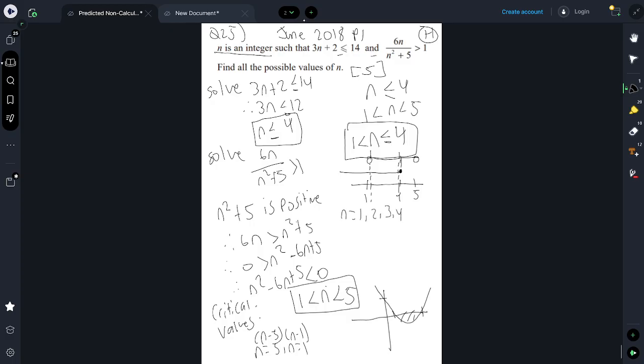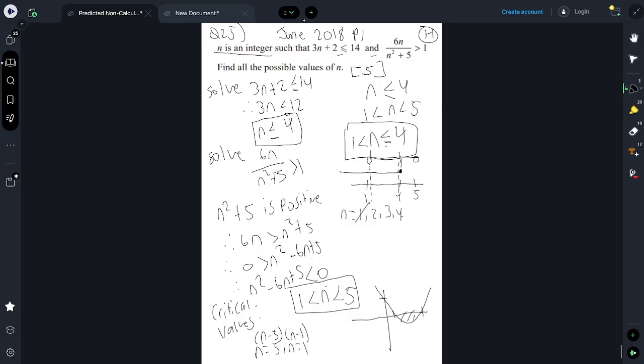Well, if n is 1, n has to be strictly above 1, because 1 is strictly less than n. So n cannot be 1. But n can be 2 because 2 is between 1 and 4. So is 3. Then what about the endpoint 4? Well, n has to be less than or equal to 4, and 4 is equal to 4, so n can be 4.